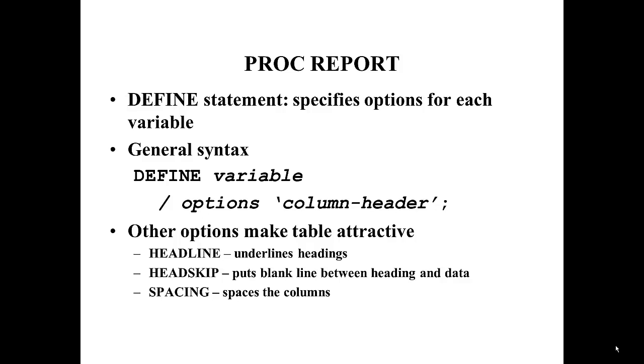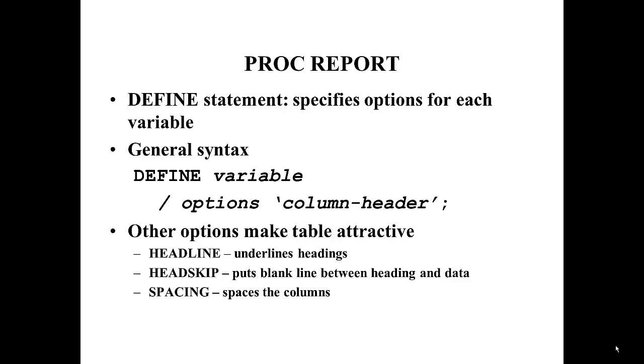Another statement that you can use in Proc Report is the define statement. And the general syntax for the define statement is you have define and then the variable. So you have one define statement for each variable, and then a slash, and you can select some options. For example, you can give a column header that you want to appear in the Proc Report for that particular variable.